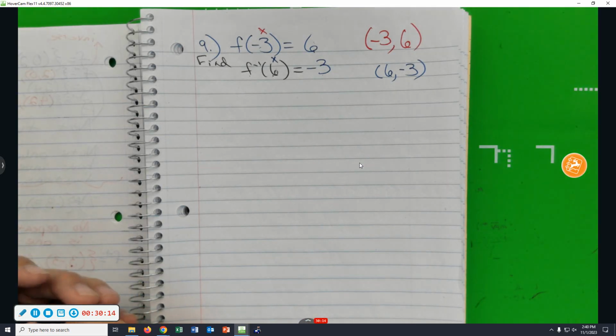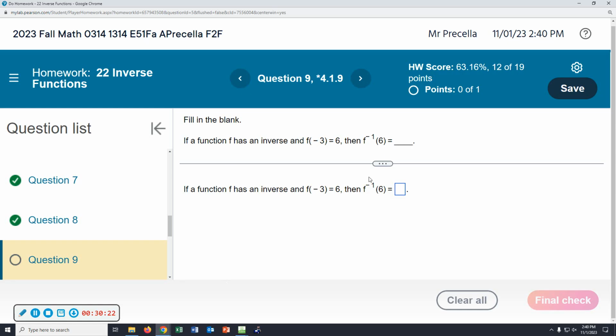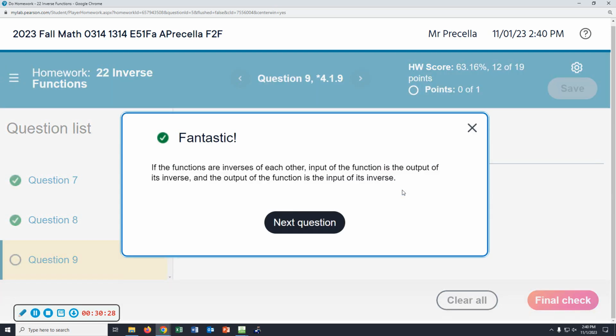It reverses the x and y notation. Any questions there? Would y'all have just guessed -3 just because there's no other number there? Because the functions are inverses of each other. The input of the function is the output of the inverse, and the output of the function is the input of that inverse. That explains it all.